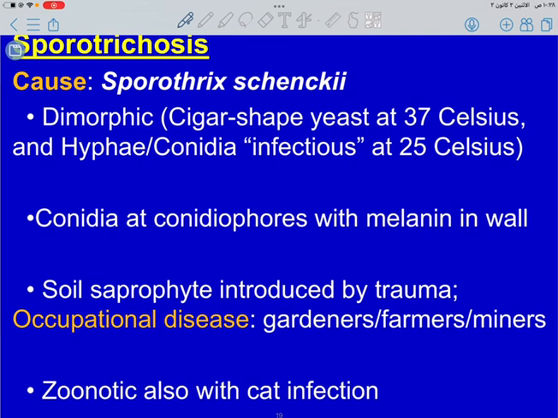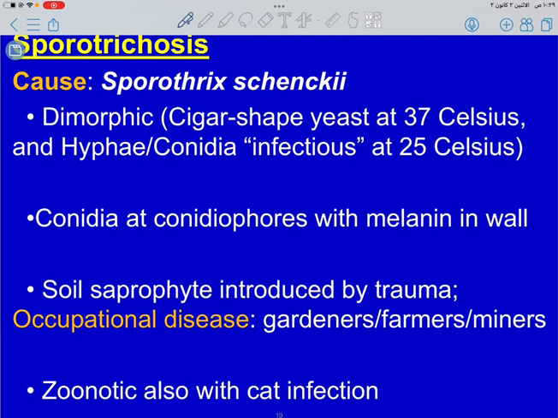Sporothrix schenckii، شو هذا السبورothrix؟ واحد يشتغل بالحديقة، فلاح مثلا، فارمر، وتجيه فريك من غصن شجرة، من نبتة، من إشي، وبعدها تبدأ الفنجس تدخل ويصير عندها انفكشن. هذا called sporotrichosis.